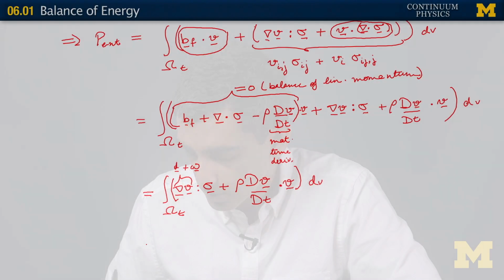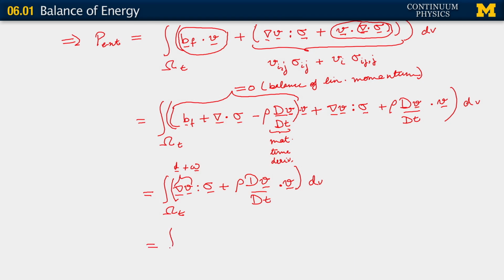So as a result, what we see here is that the first term is sigma contracted with the rate of deformation tensor. Okay, I should also say here that this term is symmetric and this term is skew.